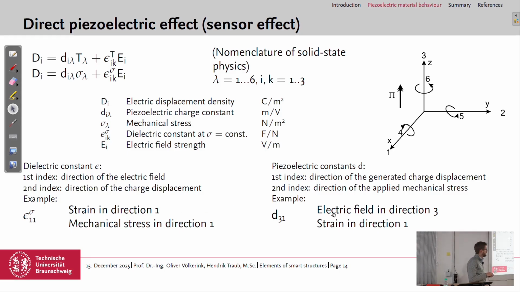And for the piezoelectric constants, the first index is the direction of the general charge displacement, and the second index is then the direction of the applied mechanical stress. So we have, for example, D31, which would be electric field in 3 direction, and it causes a strain in 1 direction. So it's perpendicular. If we would have D33, it describes the electrical field in 3 direction and also the strain in the same direction as the electric field.